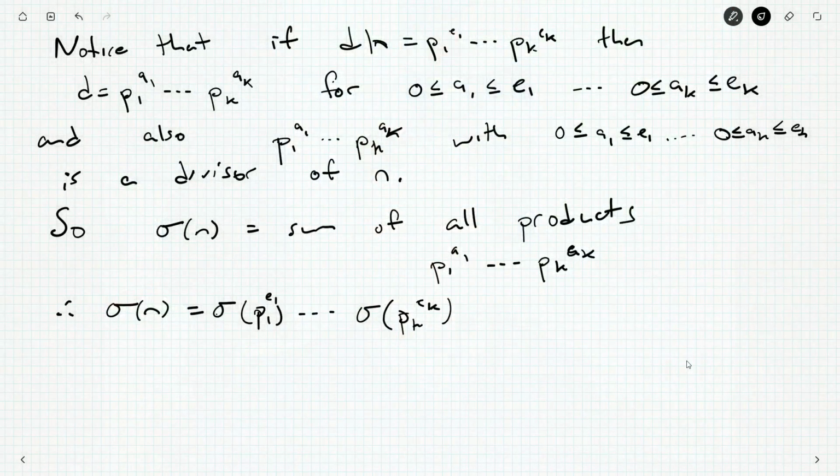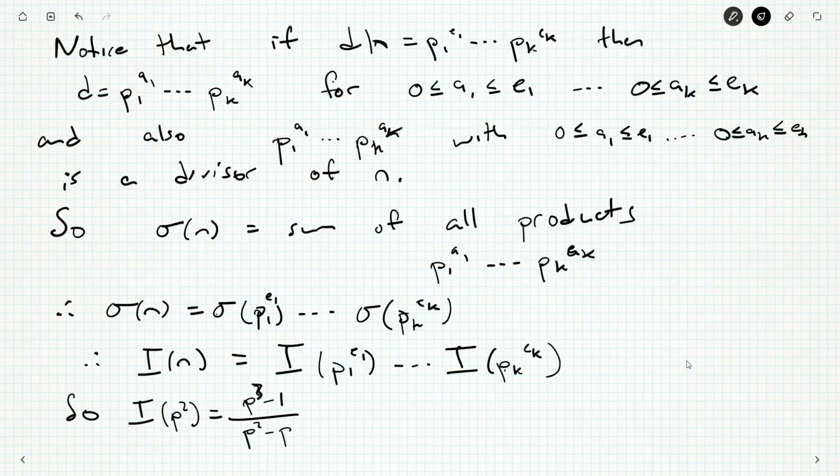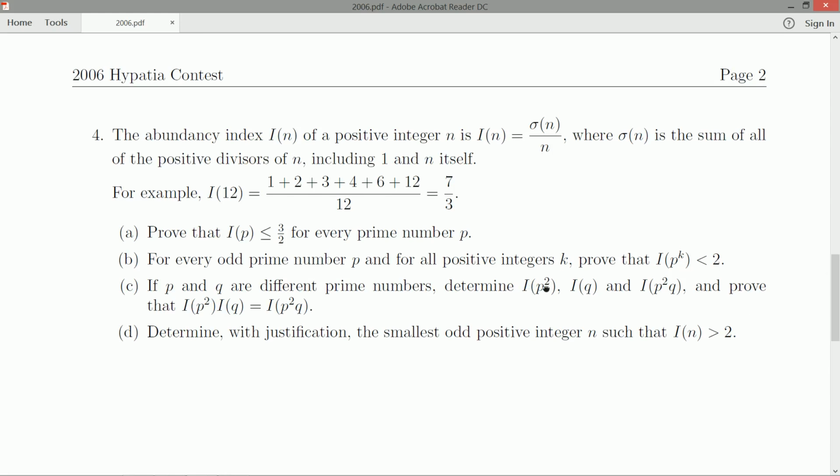So we've shown that, and from there, sigma of n is sigma of p1 to the e1 through sigma of pk to the ek. Okay, and this allows us to show C. So I know that sigma of p squared is equal to (p cubed minus 1) over (p minus 1). Well, that's one of the things they asked me to show.